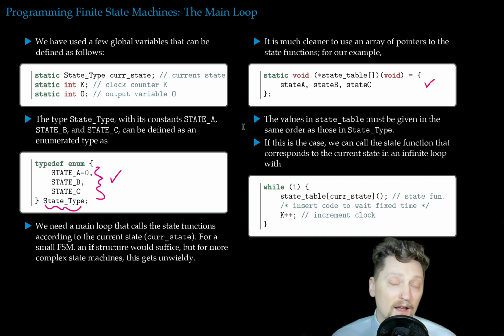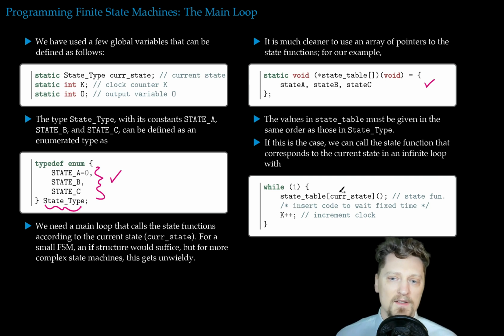So we can call the state function that corresponds to the current state in an infinite loop with the following while loop. While 1, so this is going to be an infinite loop, it's always going to be met. We will repeatedly call the current state function. So from the state table, we will get the current state.